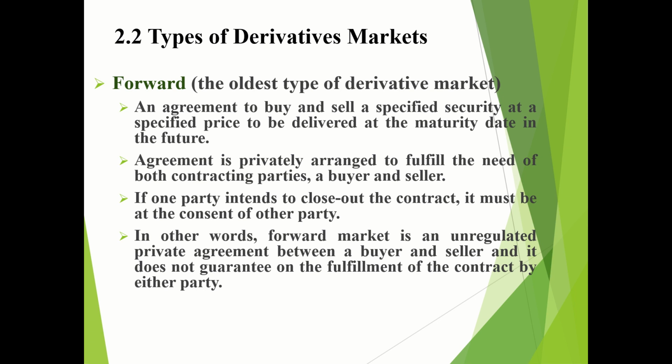So agreement buat hari ni, tapi dia nak beli lagi sebulan, kenapa? Lagi sebulan baru nak pakai buah kelapa tu. Okay, so Ali pun bersetuju. Alright, so they make the agreement. Okay, so nampak tak? The contract is privately negotiated between both Ali and Abu. Okay, if one party intends to close out the contract, it must be at the consent of the other party.